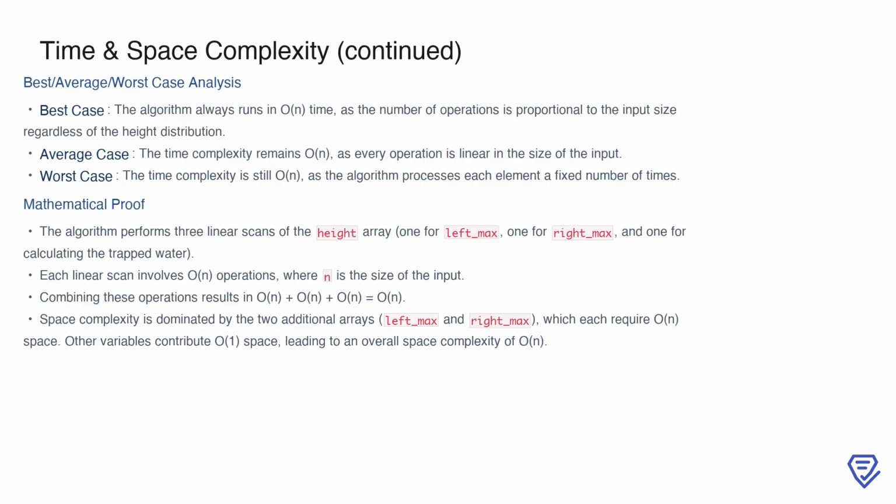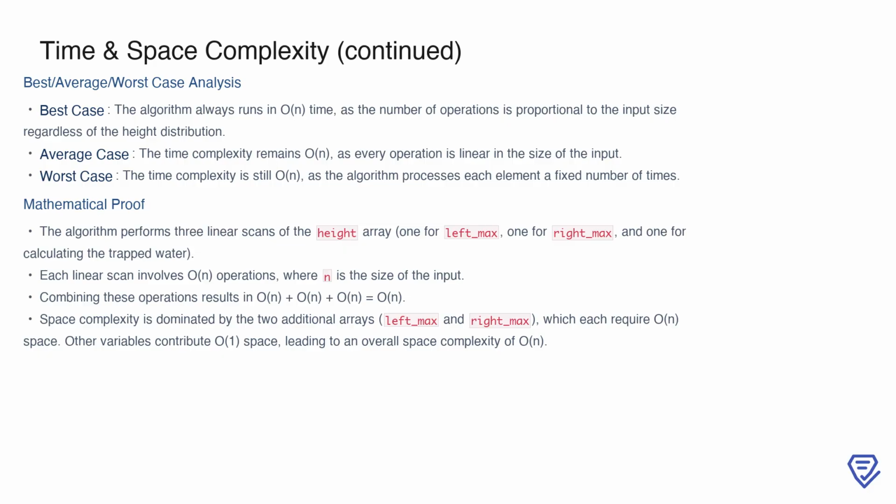Even in the worst case, the algorithm still processes each element a fixed number of times, maintaining the O(n) time complexity. From a mathematical perspective, the 3 linear scans, one for left_max, one for right_max, and one for calculating trapped water, each take O(n) operations. Adding these together results in O(n) + O(n) + O(n), which simplifies to O(n).